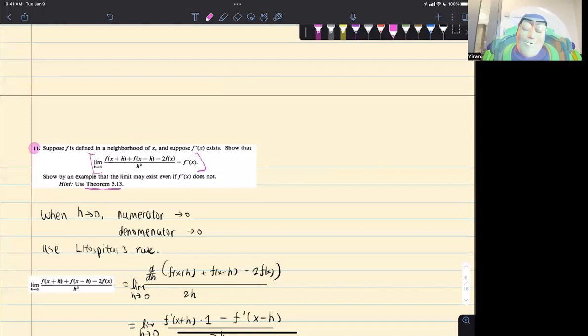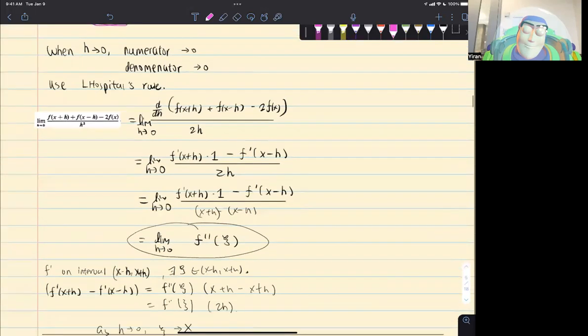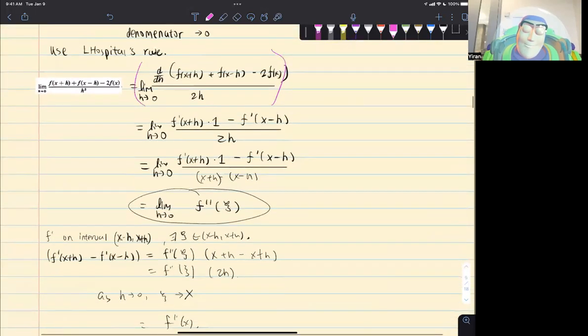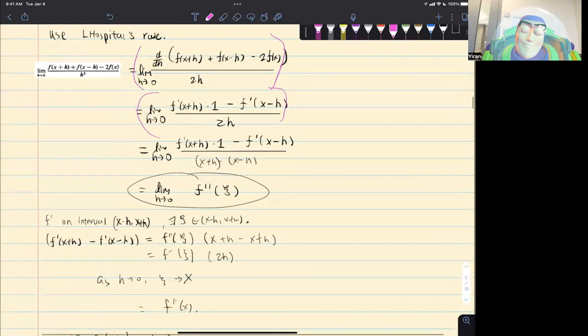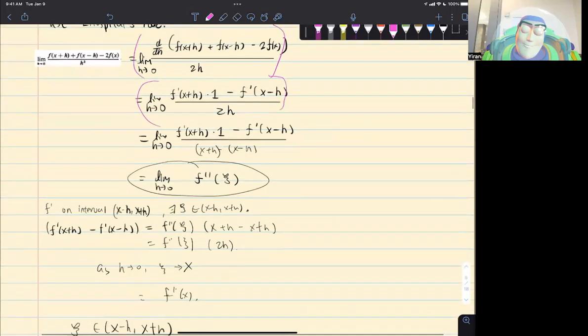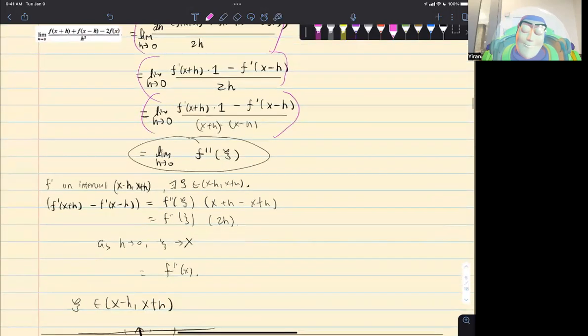Using L'Hopital's rule, we need to compute the derivative of both numerator and denominator with respect to h. I computed that here, and then I continued to simplify it to this. Once I simplified into this, I recall that we apply the mean-value theorem here.